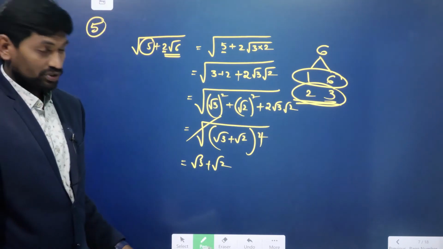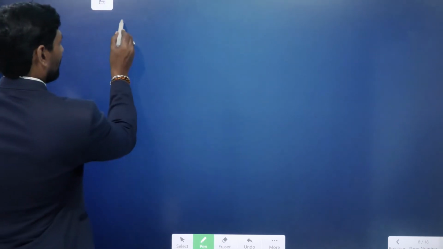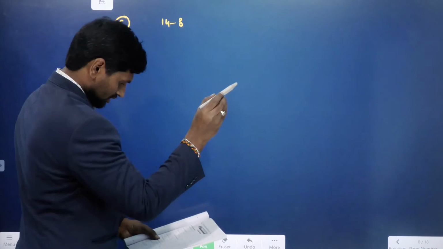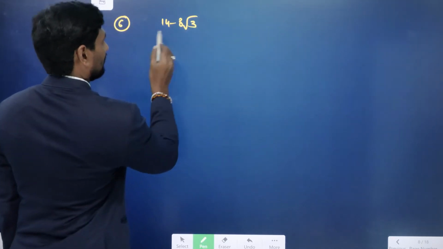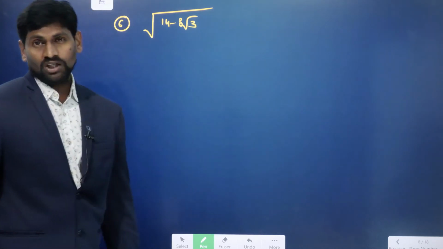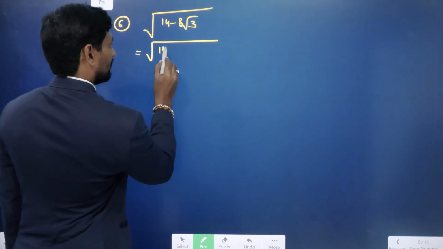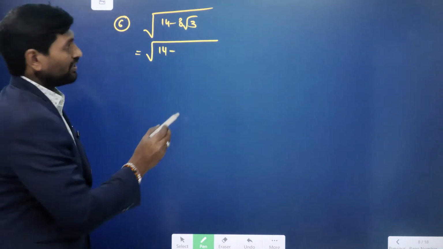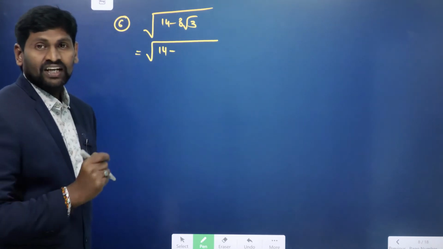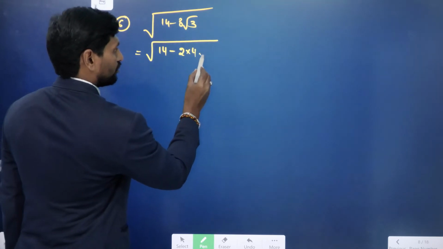I am going to the next question. Square root of, try this one children, square root of 14 minus 8 root 3. We can use the formula also, but I am using the general method. 14 minus, I told you only 2 must be there, but here we have 8. 8 I can write as 2 into 4, 2 fours are 8.